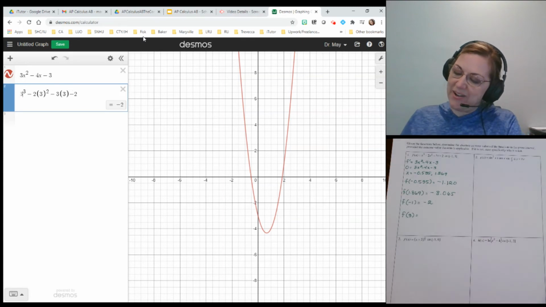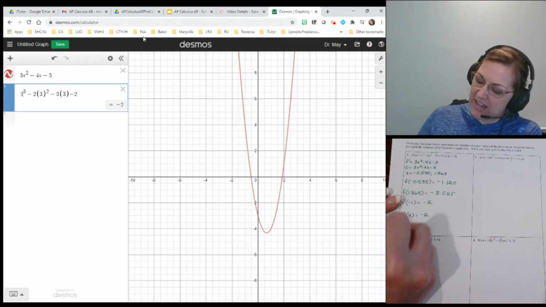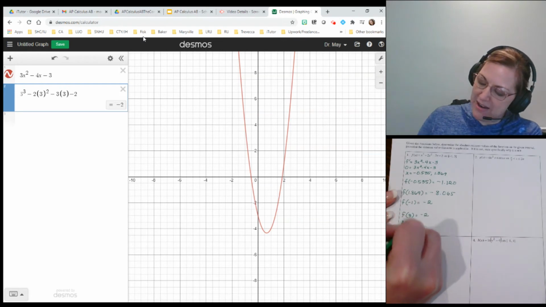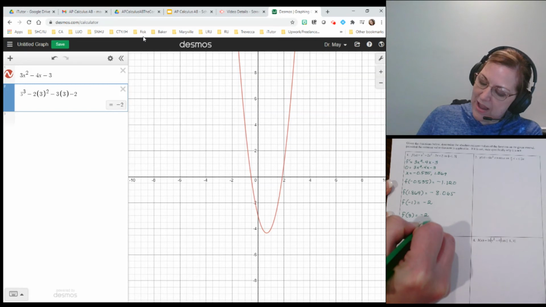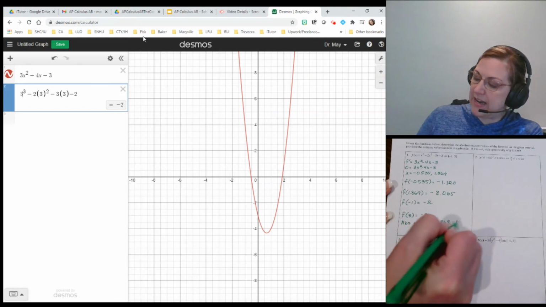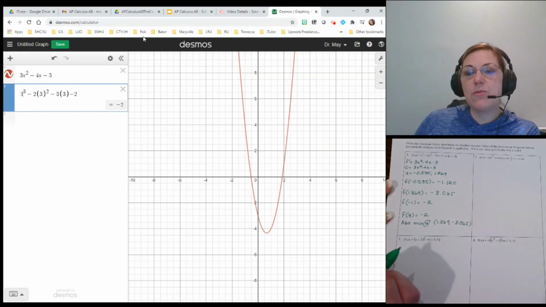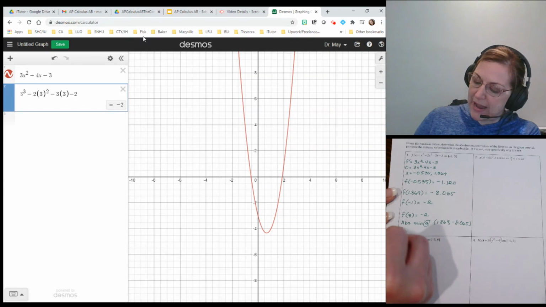So where are my absolute max and mins? I've got an absolute min at 1.869 and negative 8.065. And where is my absolute max?